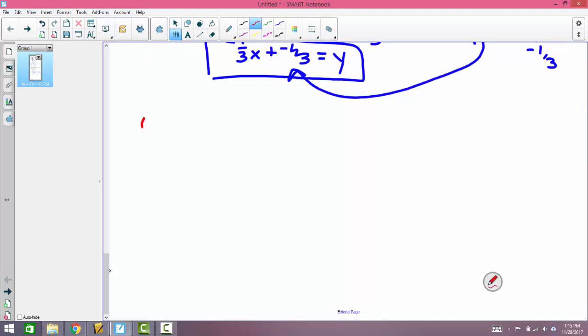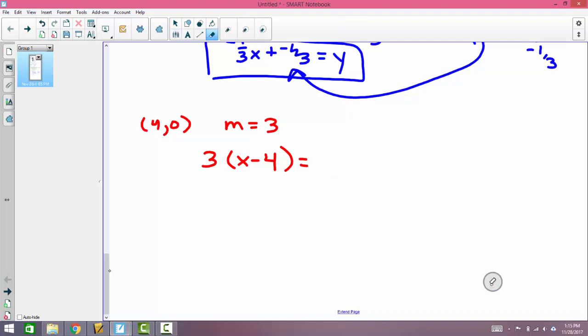So try this one. The point 4, 0 with a slope of 3. And this time you don't really need to put y minus 0 because it doesn't matter. All right, now I'm going to give you 2 points, and you would need to find slope.